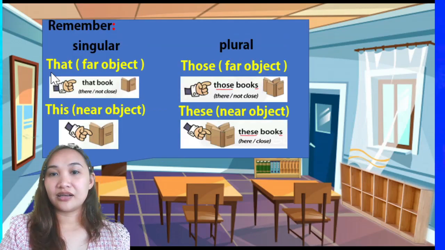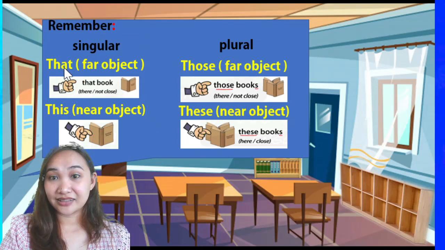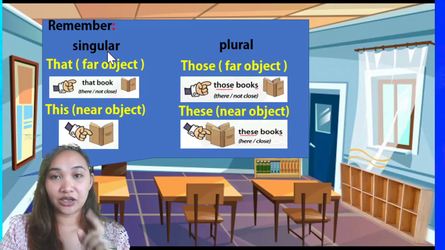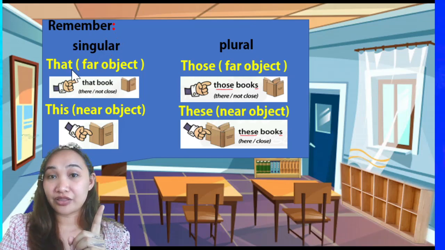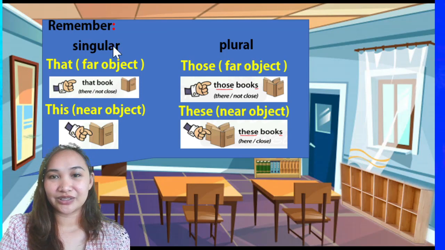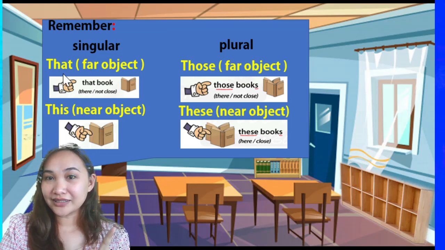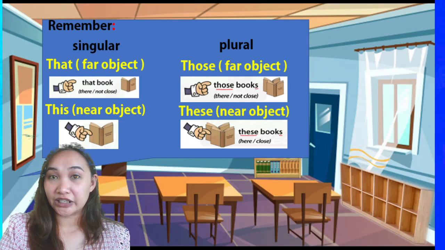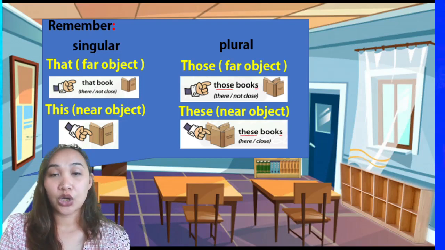Another thing to remember, we have that if we are talking about one object, the singular object. Can you say it again? That, that. Okay, very good. So again, we use that if the object is only one, a singular object.